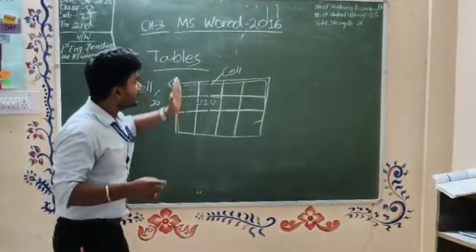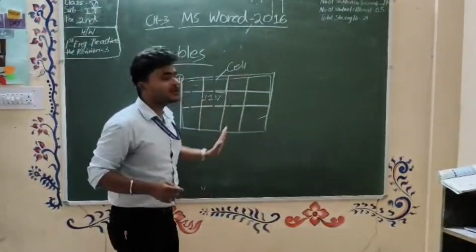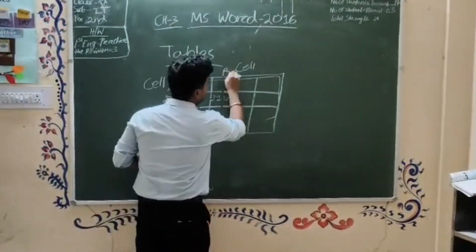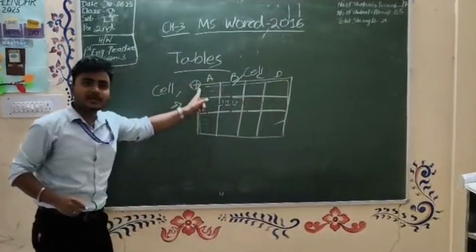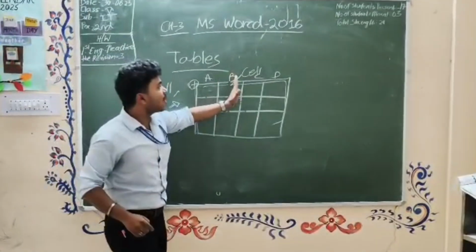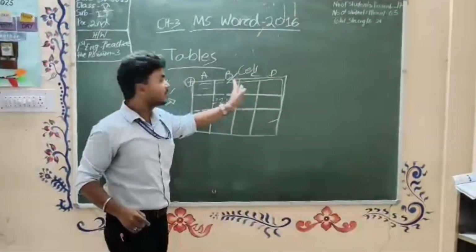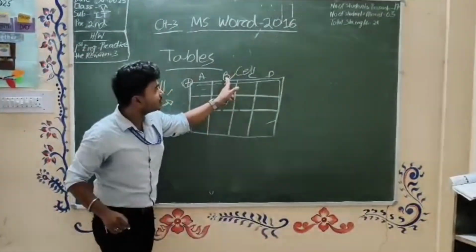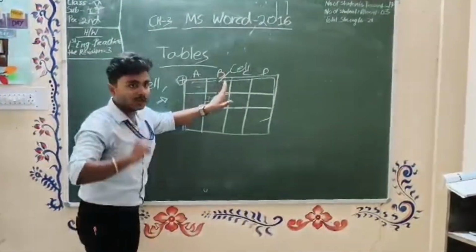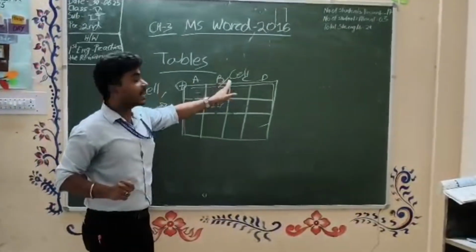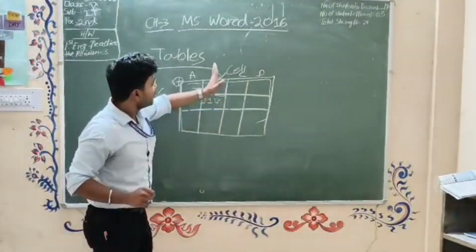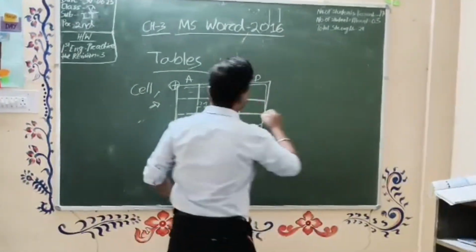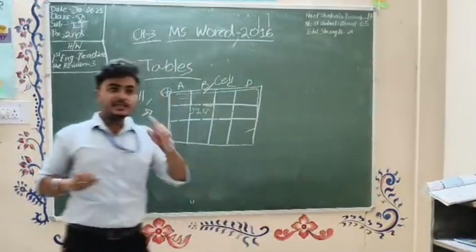Now I want to insert a new column. What to do? Just assume A, B, C, D are the column names in the table, and I want to insert a new column between B and C. First select this column, and then go to the Layout tab in your ribbon.